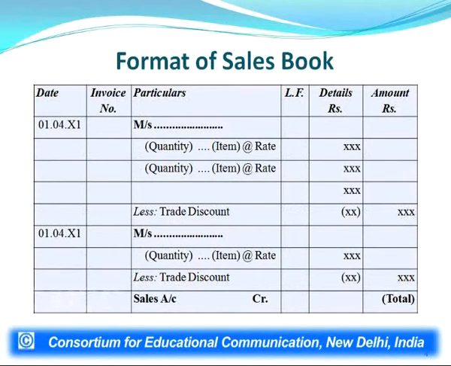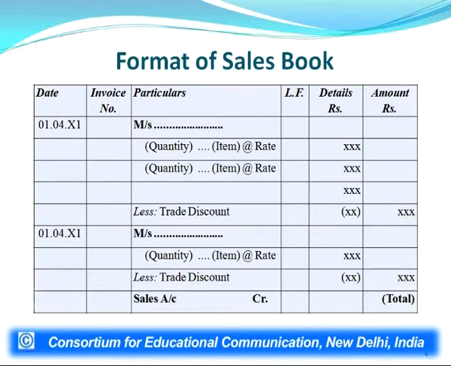The format of the sales book is: date of transaction, then invoice number, then in particulars the details of the items, that is quantity, description of item, the rate and the amount. If more than one item is there, whether 2, 3 or 4, we need to record all details with rate, and the amount is to be recorded in the detail column.